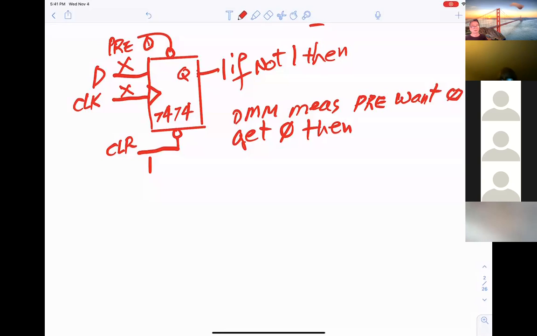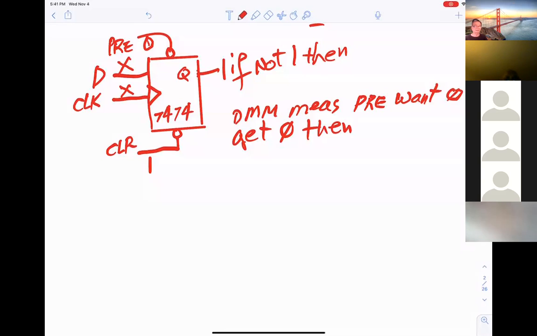Did you say it's not 0 or it is? Right now, in your meter, you measure preset and you want 0, right? You should measure clear. You want that to be 0, right? Right. Then I say you get 0, that means you get the 0, that's what you want.